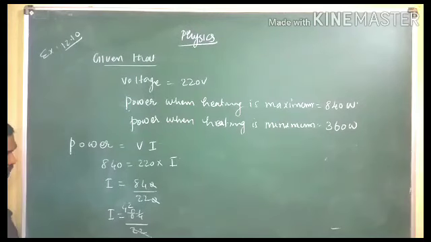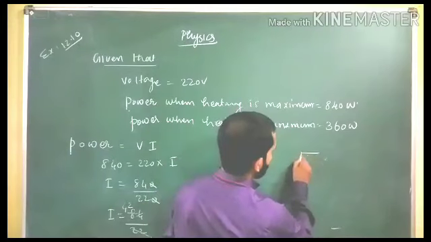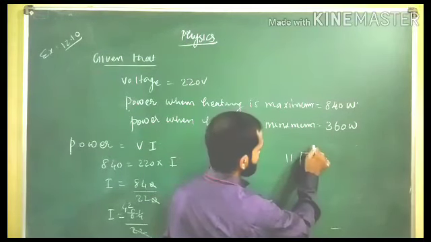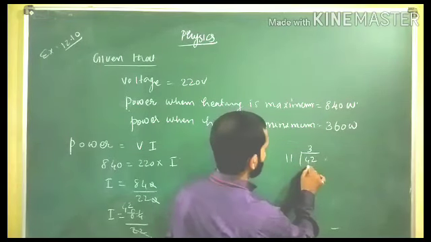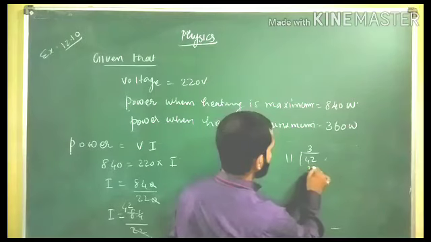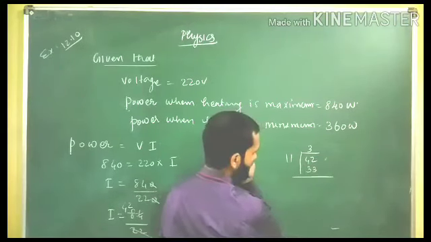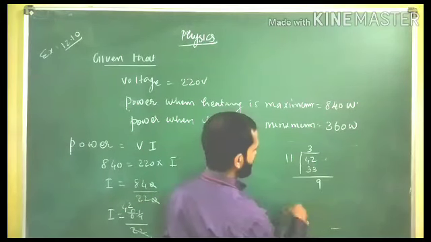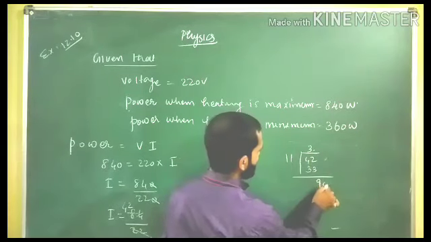Now 42 divided by 11. I will divide here 42 divided by 11. So this will be 3 into 11, that is equal to 33. Now here this will be 9 left, then 0.